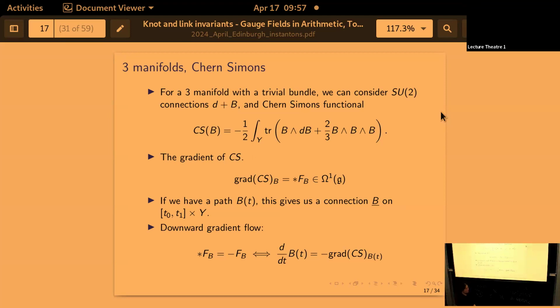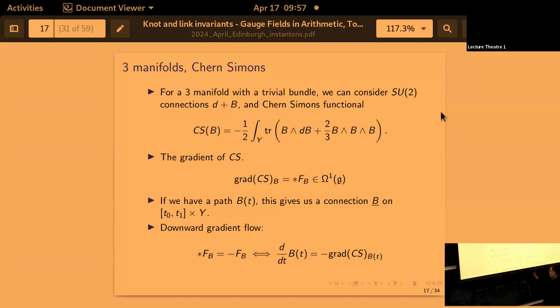The Chern-Simons functional goes from your space of connections, the connections on U over Y, which is this G bundle, and it actually goes to R, though I'm really going to write it as going to R mod Z. So I'm actually going to write it as going from A mod G to R mod Z. So this is connections up to gauge.